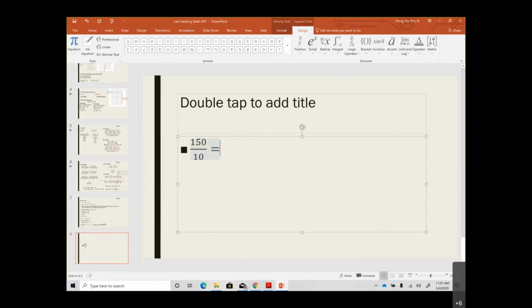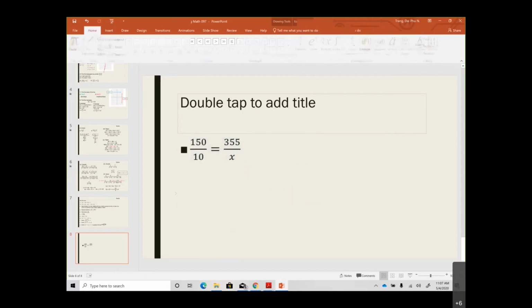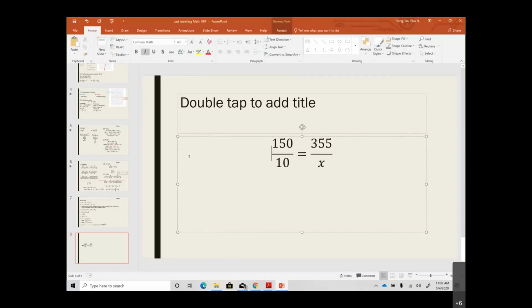Now, they tell us that a 355 pound man on Earth, how much will he weigh on Mars? Hopefully you say that this is how you set up this proportion.